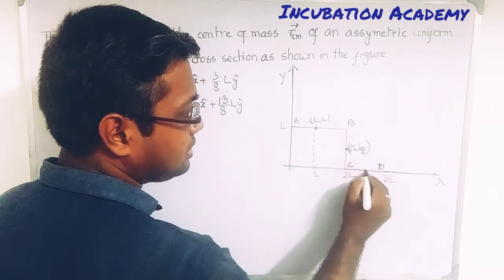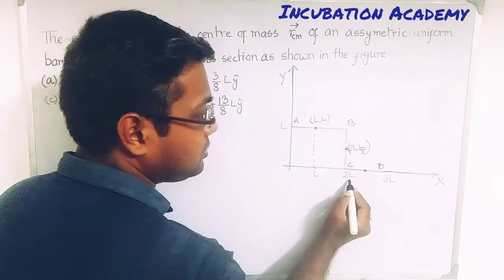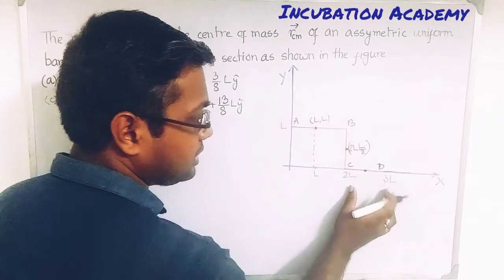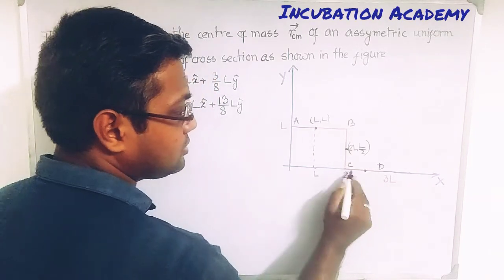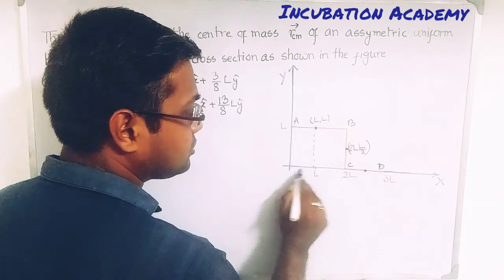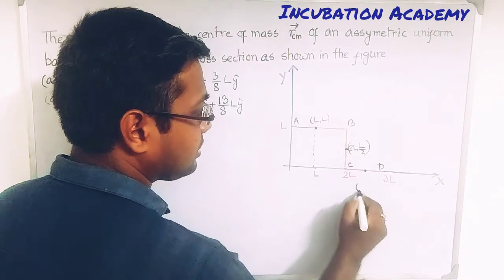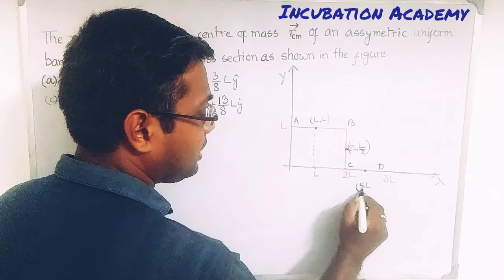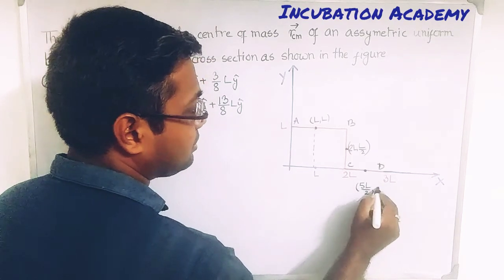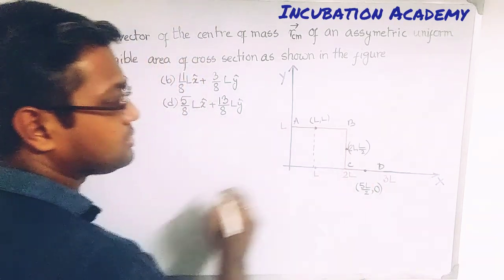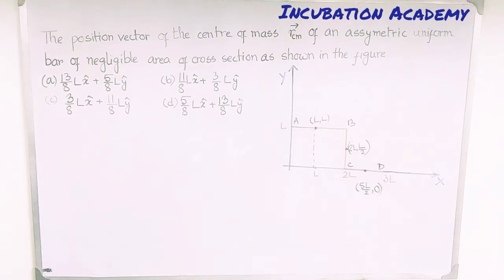And here it is here. So from 2L to 3L, the length is capital L. So here to here it is L by 2. So 2L plus L by 2, the x coordinate is 5L by 2 and the y coordinate is 0 because it is on the x axis. Okay.